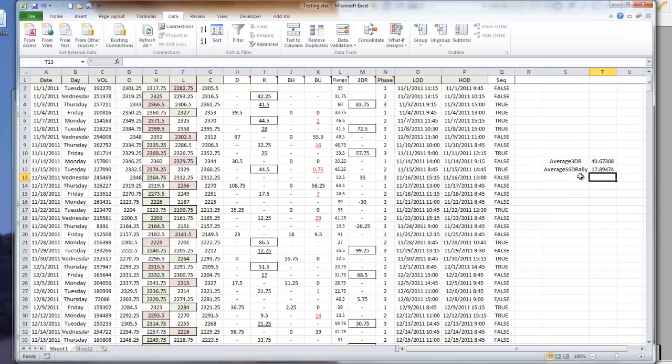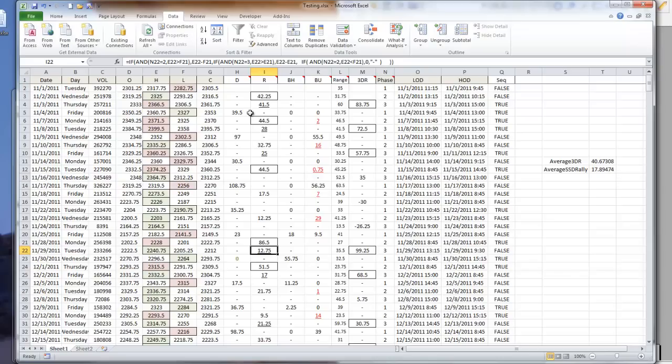Okay, so now this is telling me that the average short sell day rally is 17 points. If you look here on your short sell days and averaged them all out, you would come up with about 17 points.